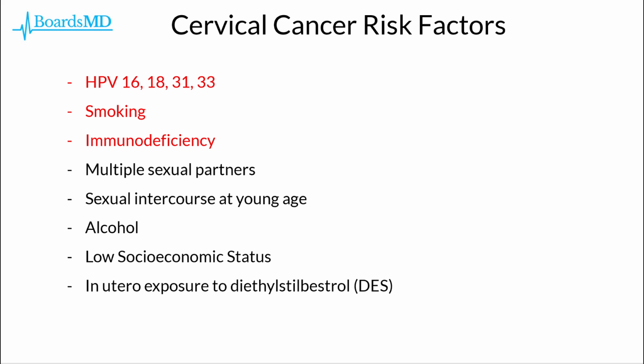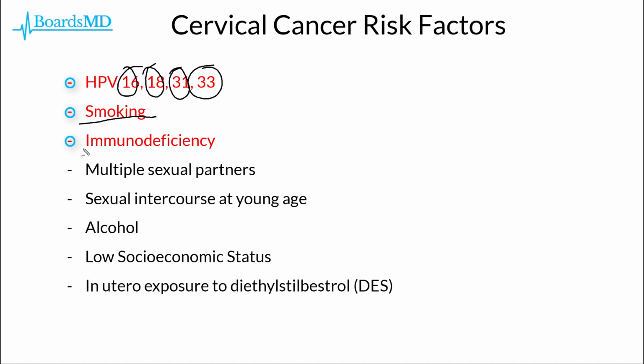When it comes to the development of cervical cancer, there are several important risk factors that we'll need to be aware of. These include, of course, our high-risk HPV subtypes, including 16, 18, 31, and 32. Smoking is also a very significant risk factor, and this is something that you will frequently see in board exam vignettes when we are describing the patient's comorbidities and social history.